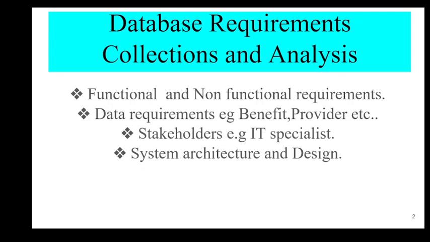Now, this is where the database requirements come in. So we have the database requirement, we have the collection. Collection here means you use methods of collection, like maybe you do observation, maybe you do interviews, and then you analyze what you get.